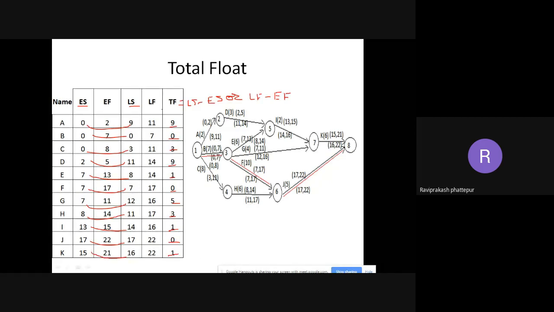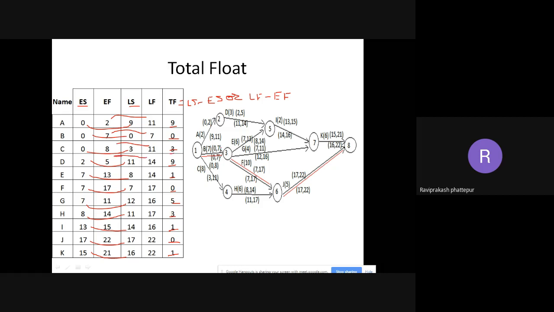Similarly, you can see the other way around also. So 11 minus 9. For A, 11 minus 9 is 9 again. So 7 minus 7 is 0 again. So 11 minus 8 is 3 again. 14 minus 5 is 9 again.